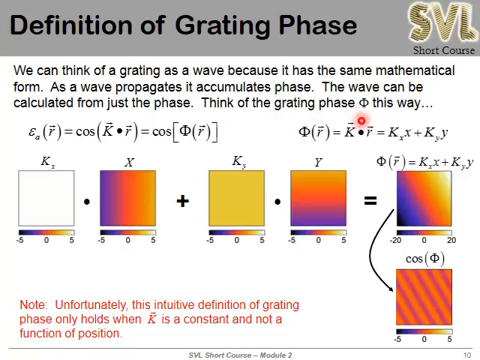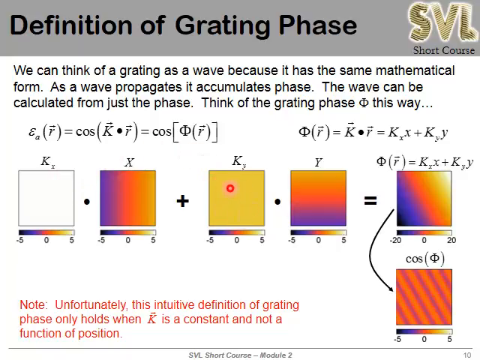So if phi is k dot r, what is k dot r? It's just the x component of k times x plus the y component of k times y. So that's just 2 dimensions. That's the dot product. So if we created a 2-dimensional array describing the position of each point in x, we'll call that capital X, we could do a point-by-point multiplication of these arrays.